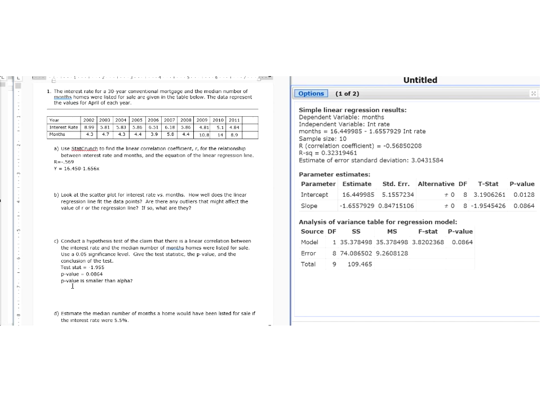If it is, then we have a positive conclusion. If it isn't, we have a negative conclusion. So for this one, if we compare our p-value, which is 0.0864, and our significance level, the p-value is actually bigger. So the answer to this is no, or it's false.